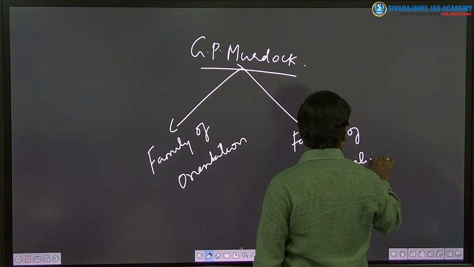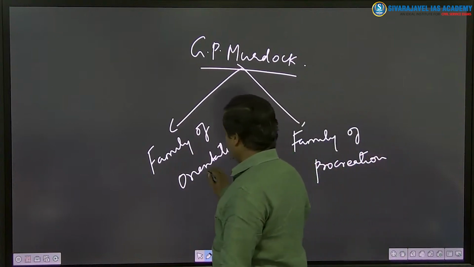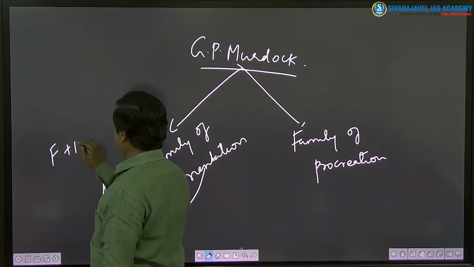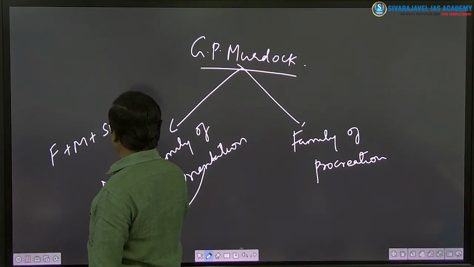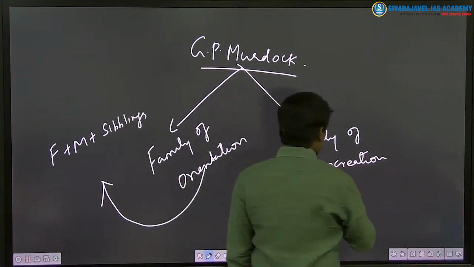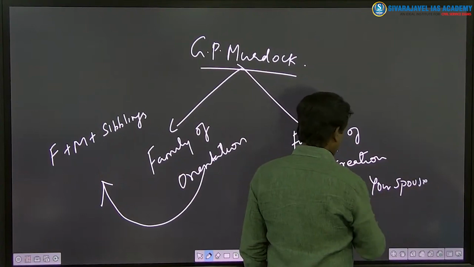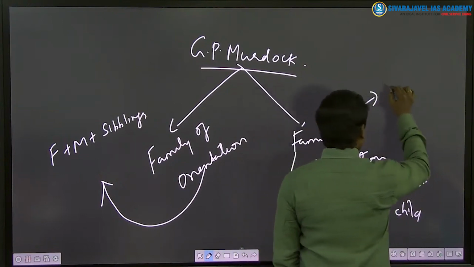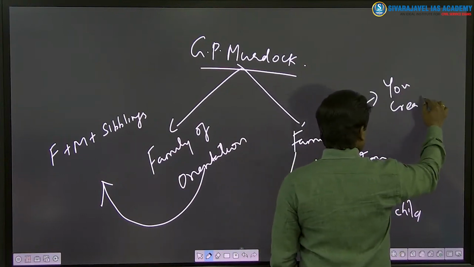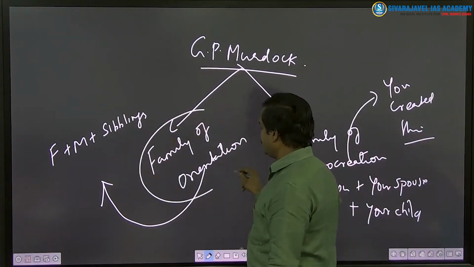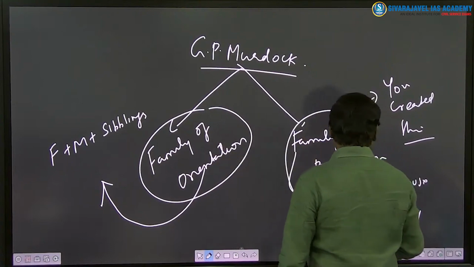The family of orientation consists of father, mother, and your siblings. And the family of procreation is you, your spouse, and your children. You created this family. So two families: family of orientation and family of procreation.